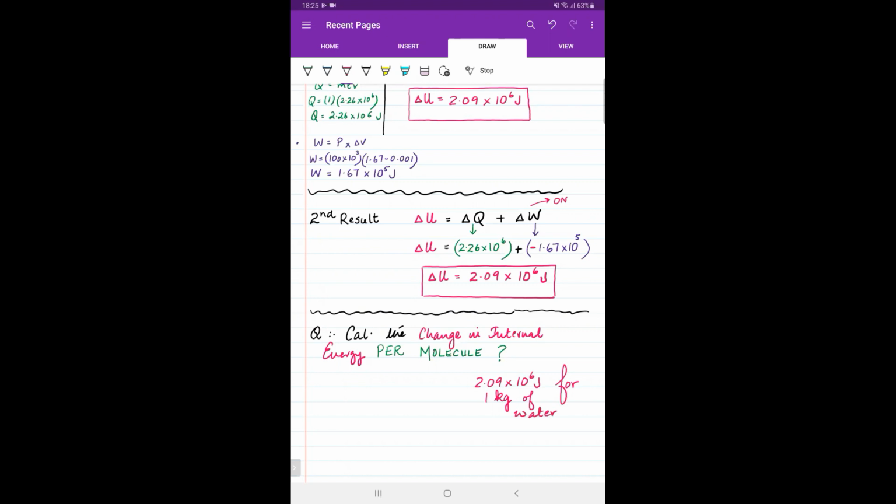For 1 kilogram of water, आपका रिजल्ट ये आ रहा था. And the question is asking you कि आपको 1 molecule के लिए कैलकुलेट करना है. तो आई थिंक सबसे पहला काम तो ये कीजिएगा कि आपको केमिस्ट्री यूज करके जरा जस्टिफाई करना पड़ेगा कि the answer that you have is for 1 kilogram of water, but the question is asking you calculate the change in the internal energy per molecule.